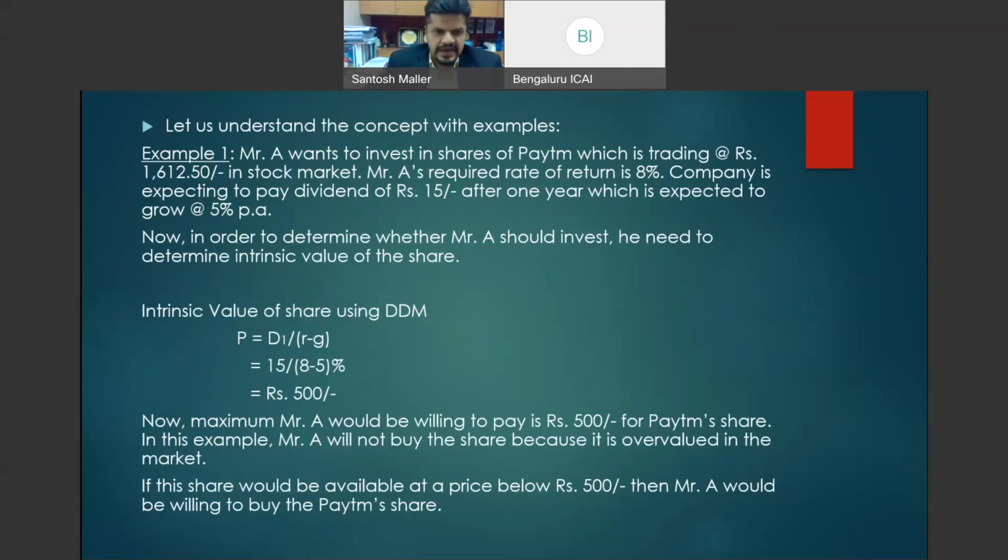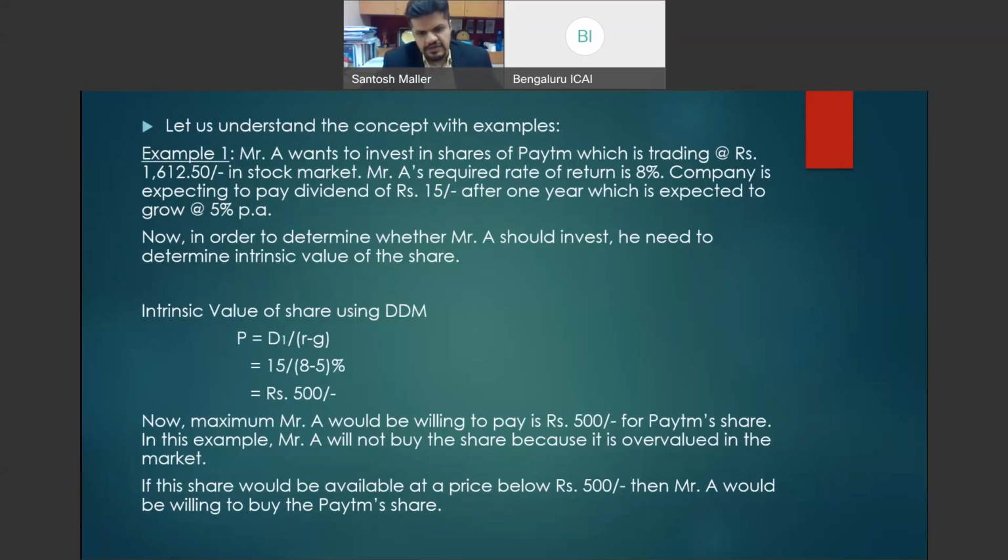Now, in order to determine whether A should invest, he needs to determine the intrinsic value of the shares. Intrinsic value of the share using DDM equals price equals D1 divided by R minus G, where D1 is the expected dividend for next year. That is 15 rupees divided by 8 minus 5. 8 is the rate of return expected by the investor. 5 is the growth rate at which the investor is estimating the company's dividend to grow.